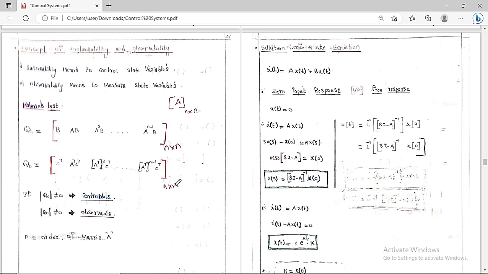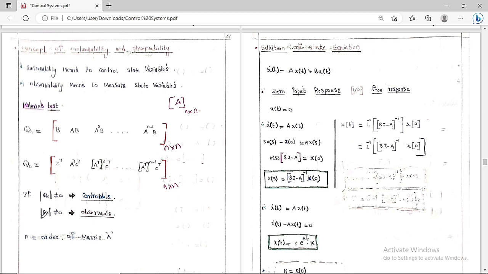This is also an n by n matrix. So the matrix A order is n by n. Similarly, the matrices QC and QO are also the same order, n by n. Suppose the determinant of the controllability matrix is not equal to 0, then only we can say it is controllable. Otherwise, it is said to be uncontrollable.